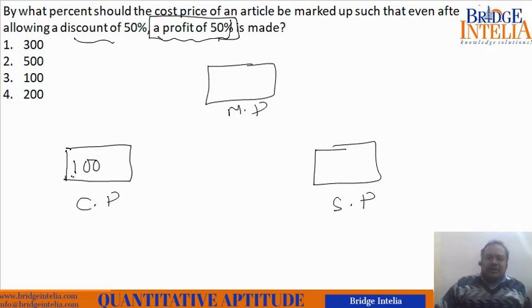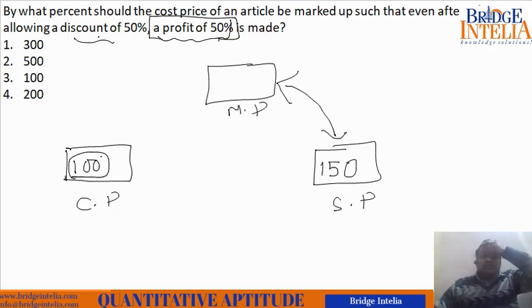So if you have invested rupees 100 and you want to make a profit of 50%, that means you want your customer to pay you 150, because 50% profit, 100 plus 50, 150. So customer will pay you 150 after getting a discount of 50%.